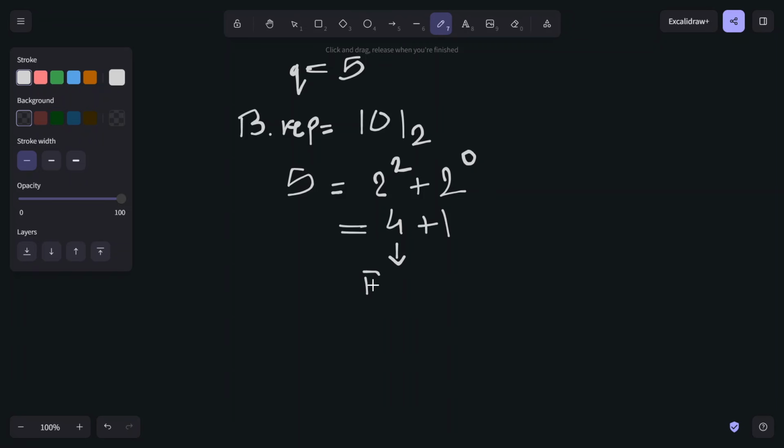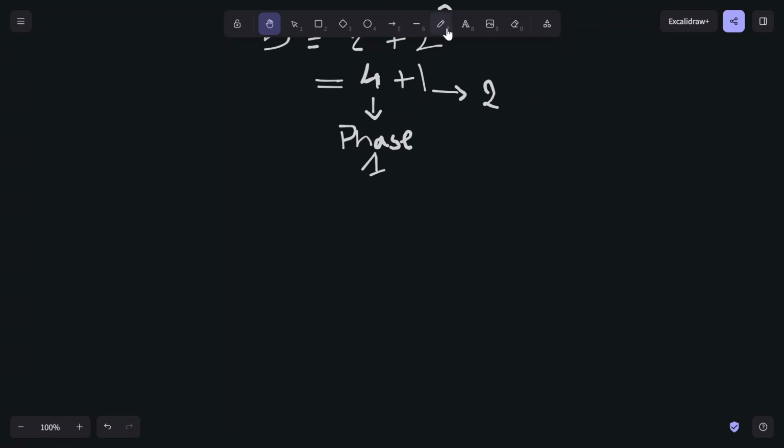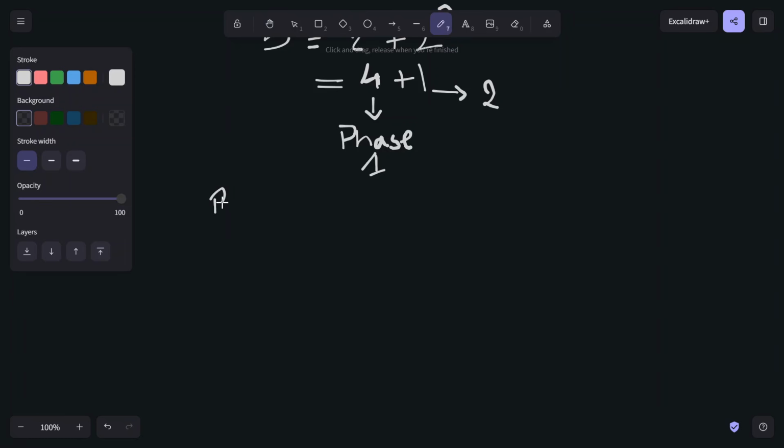Phase 1, where the shift takes place by 4 places, and phase 2, where the shift takes place by 1 place. So for example, there are 8 processes, P0 to P7.